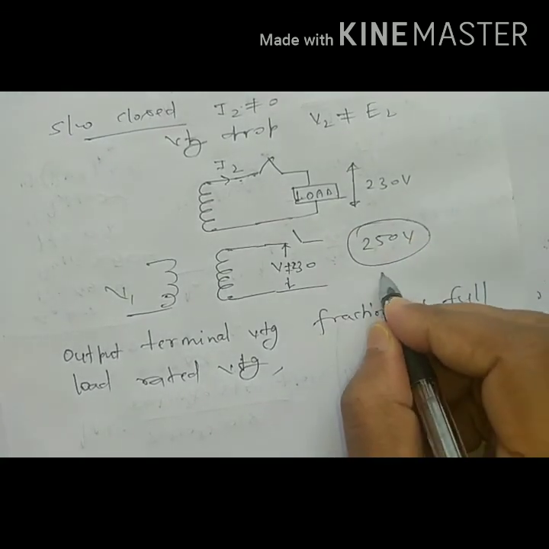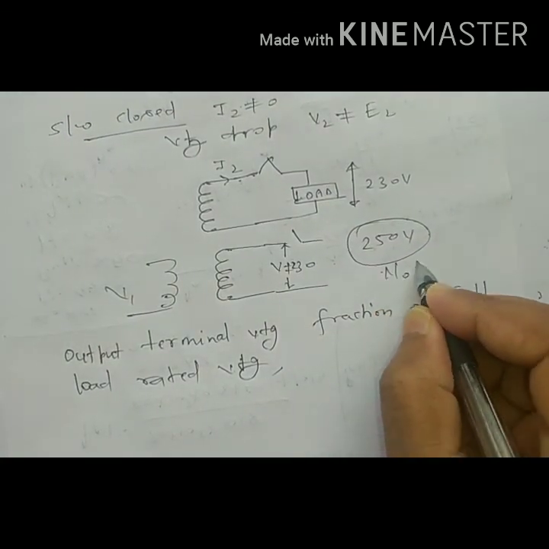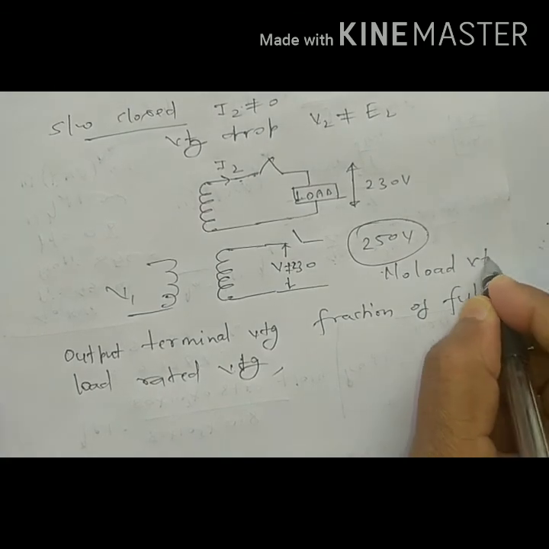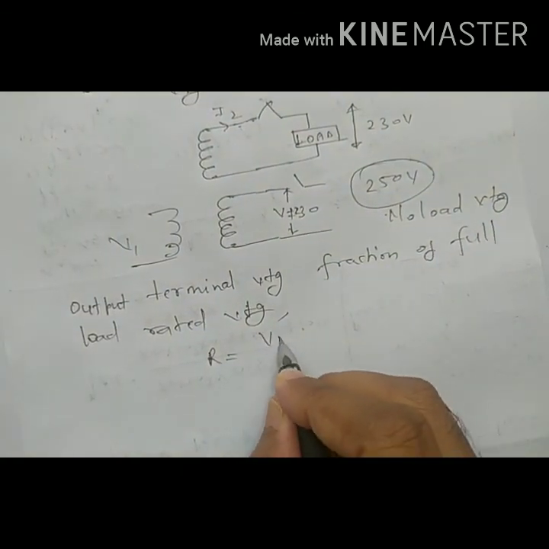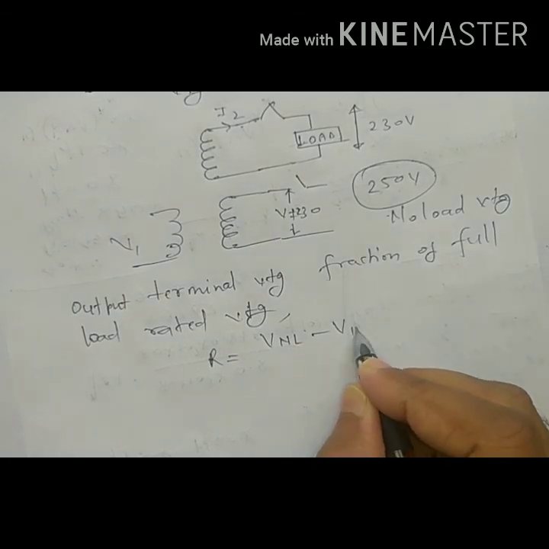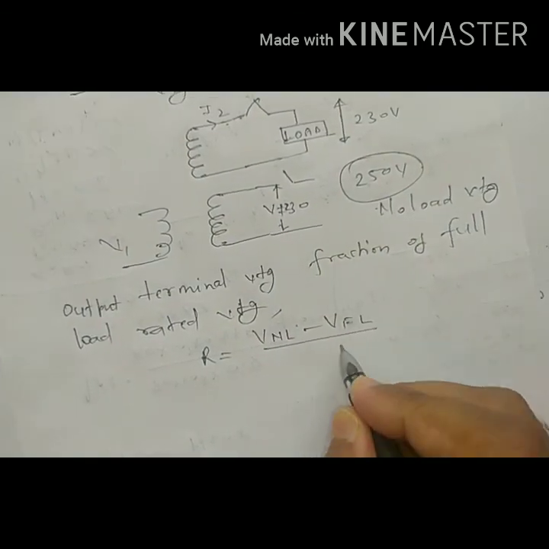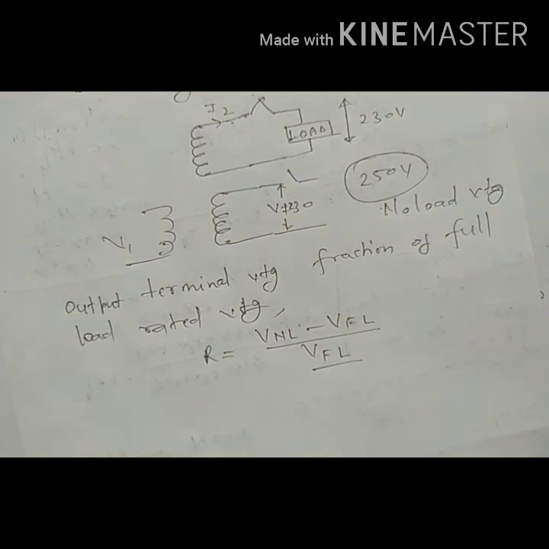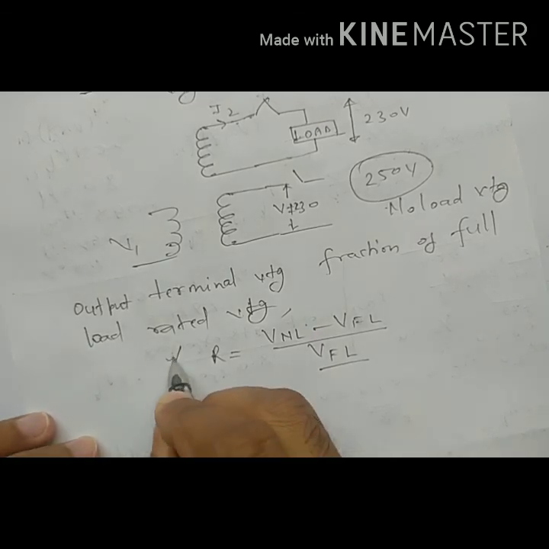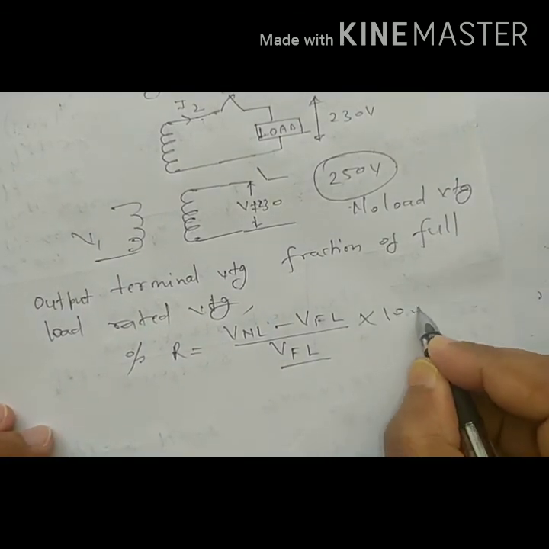This is called the no load voltage, right? And regulation will be given as no load voltage VNL minus full load rated voltage, divided by full load rated voltage, right? For percentage regulation, you need to multiply it by 100.